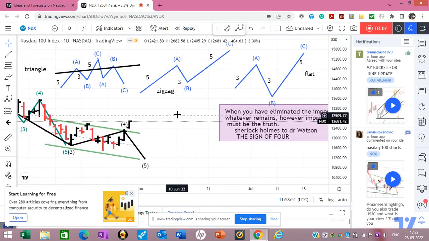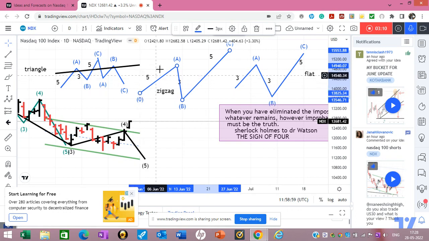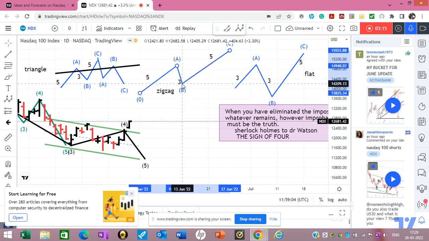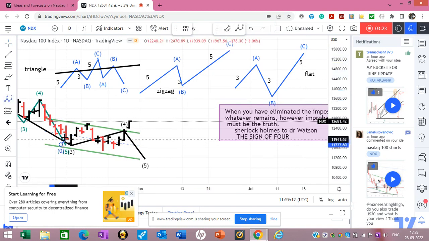One rule is that wave B cannot go beyond the start of wave A. This is one of the basic rules of zigzag. So basically I have violated this rule. Just look at this. This is the start of wave A, but wave B goes beyond this.